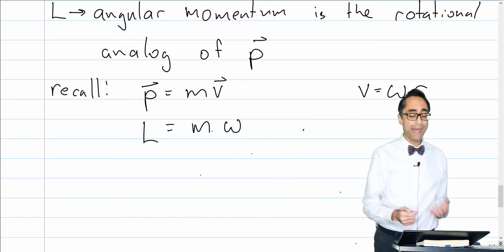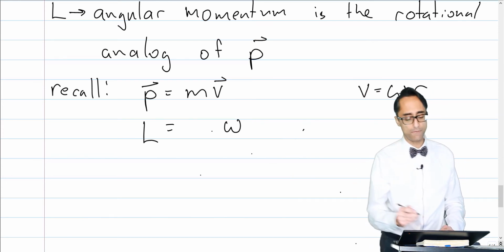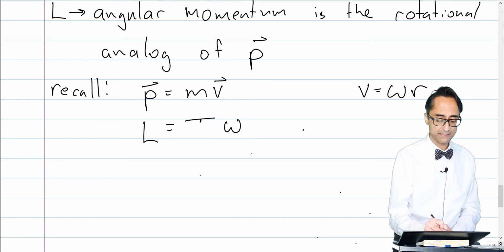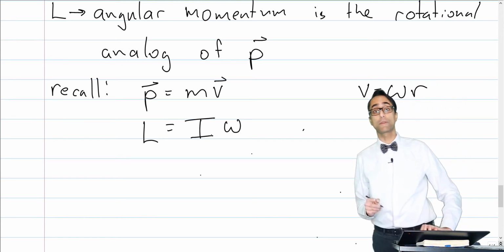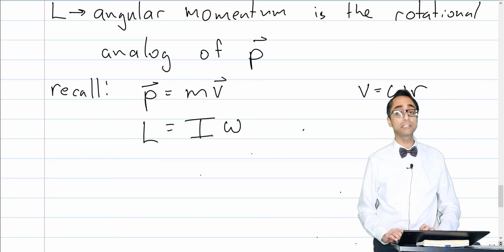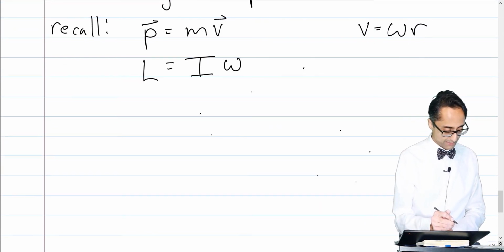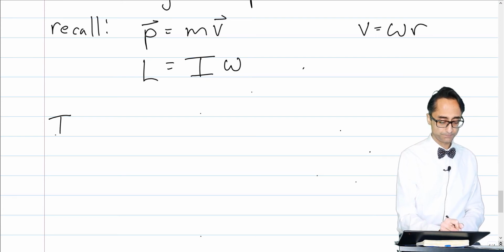Not only is mass important here, but so is the location of that mass. That is called I, the rotational analog of mass. It's also known as the moment of inertia.